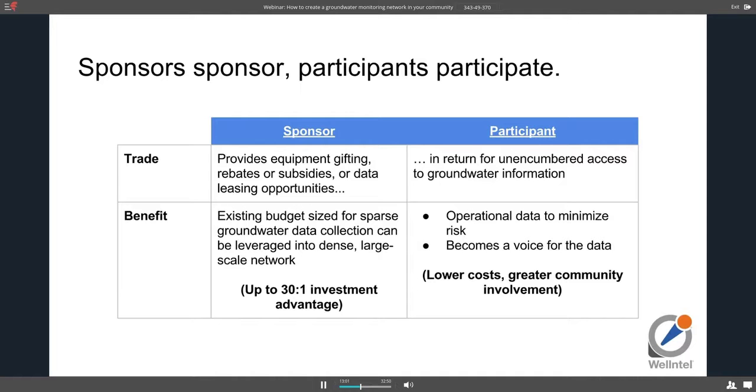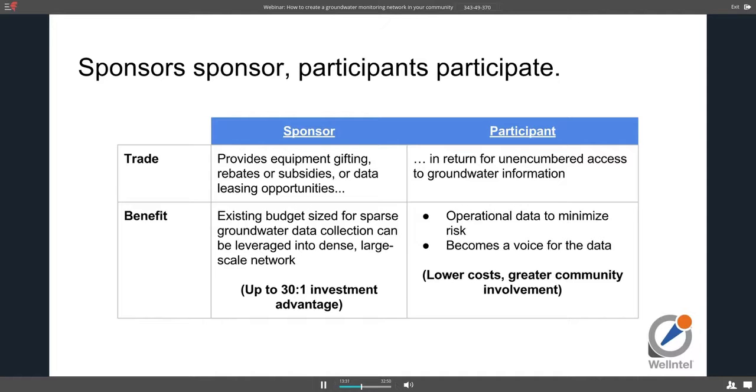And so to the homeowner, that may not mean focusing, for example, on weather events or recovery periods or risk in a certain area of a region. Instead, it might net benefits like having operational data to minimize risk. If groundwater levels are nearing a pump, it can be protected before it in fact is damaged.